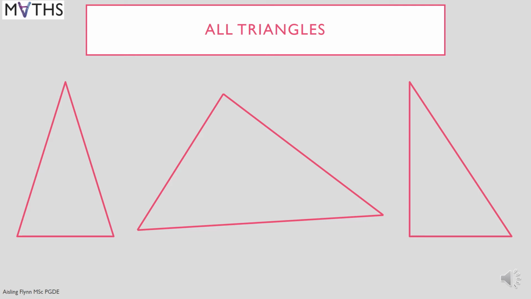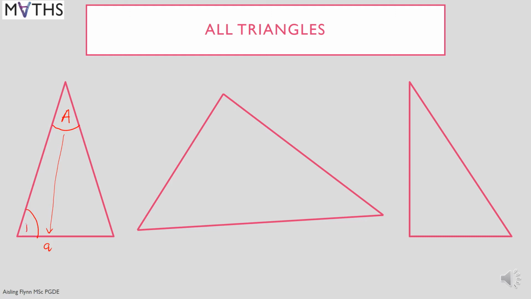Just a reminder of how we label triangles. We can use whatever letters we wish, but depending on your question, the angle of interest you might call A, and the side opposite it is known as small a.